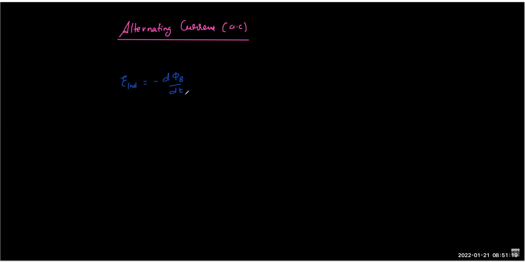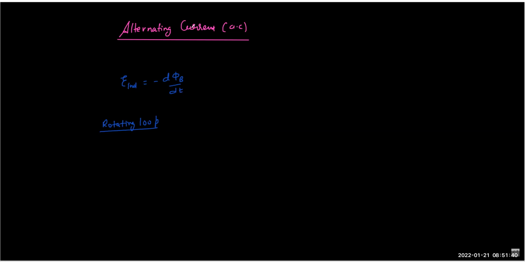So generally, in case of EMF generation, what we use is called a rotating loop. So we use a rotating loop in a magnetic field region.